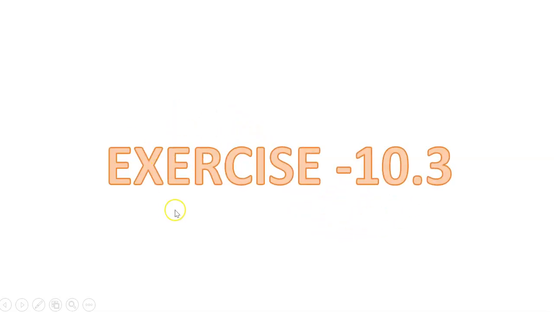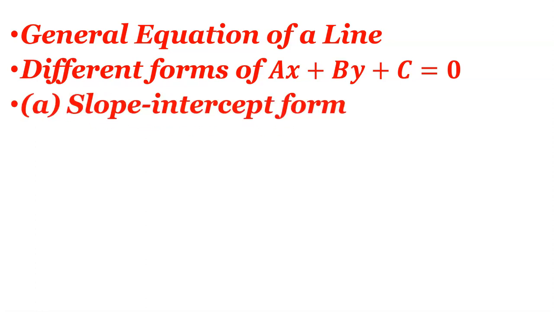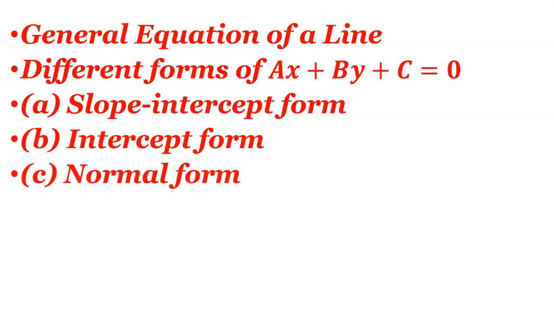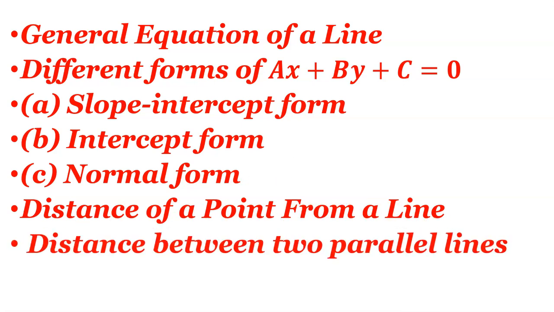Hello friends, in this video we will start exercise 10.3, but before starting exercise 10.3 I will explain some basic terms: the general equation of a line, different forms of ax plus by plus c is equal to 0, that is the slope intercept form, normal form, distance of a point from a line, and the distance between two parallel lines, and all the short examples before exercise 10.3.